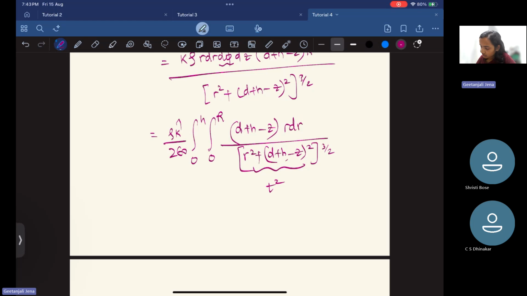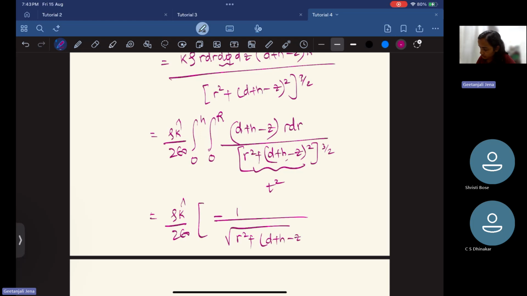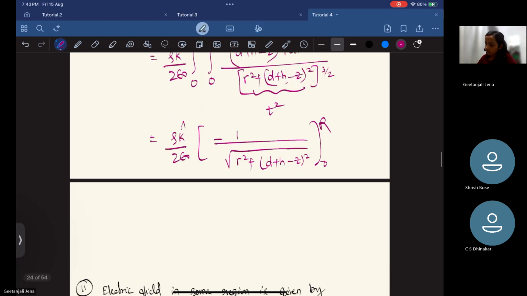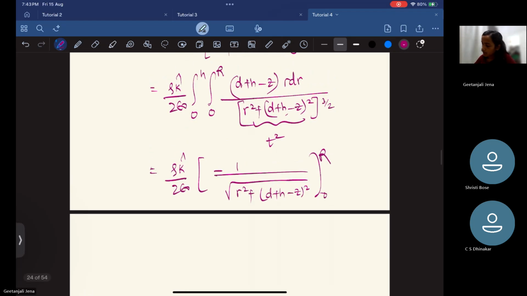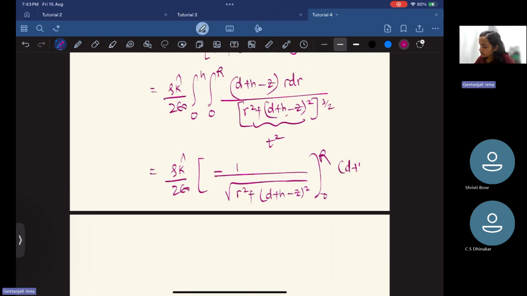If you do it, what you will get is rho k cap by 2 epsilon naught times minus 1 by square root of r square plus d plus h minus z square, and r is from 0 to r, and there is a d plus h minus z term here.